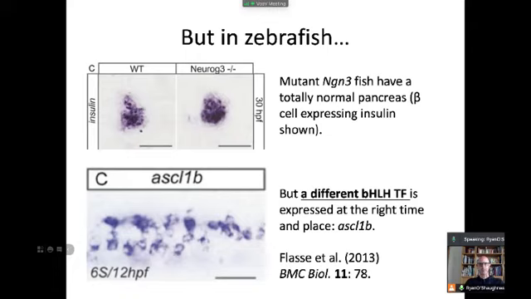And this is because another transcription factor called ASCL1B is expressed at the right place and the right time, and if you like, performs the function of this NeuroG3 protein in mammals. So we can still produce beta cells that express insulin.